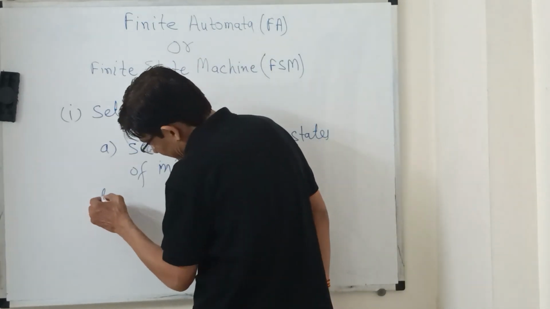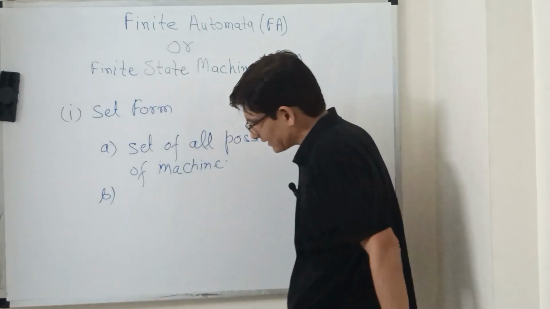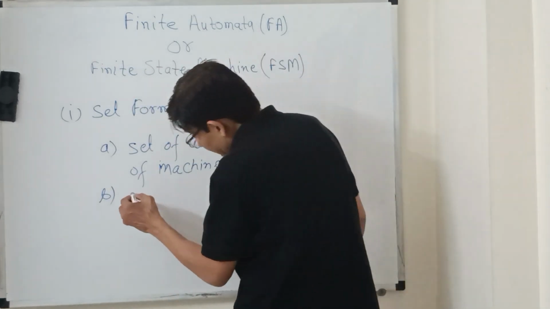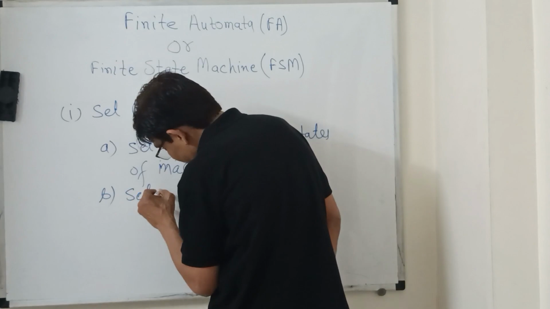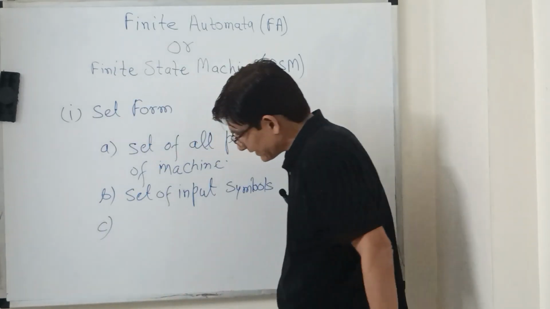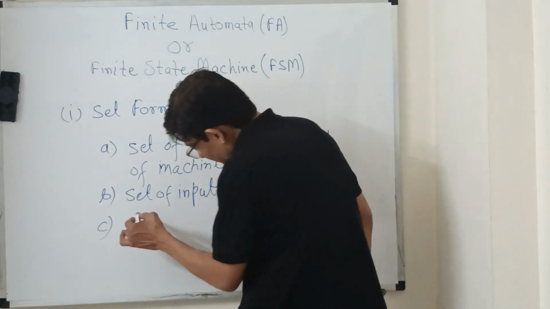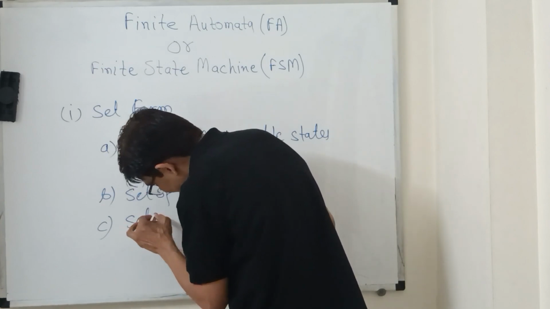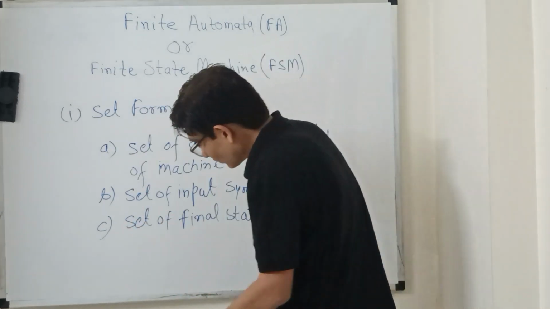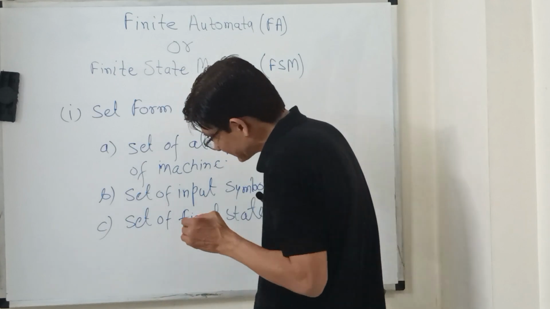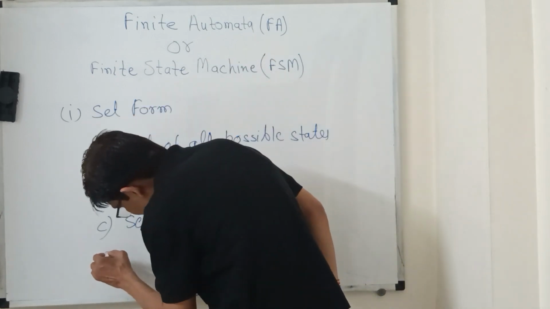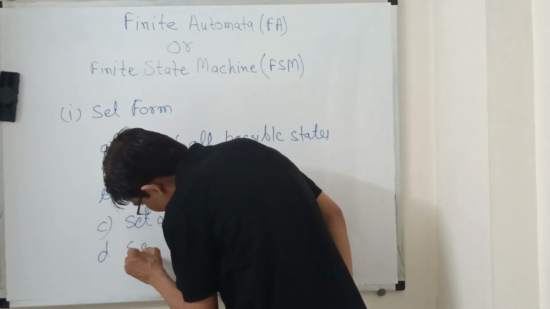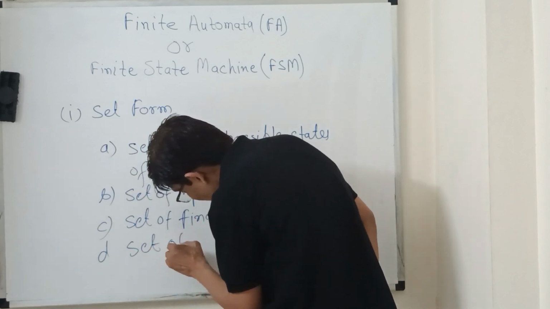Then one more set will be there, the set of input symbols. One more set we will create, the set of final states. Two more pieces of information we will give: the set of transition rules.